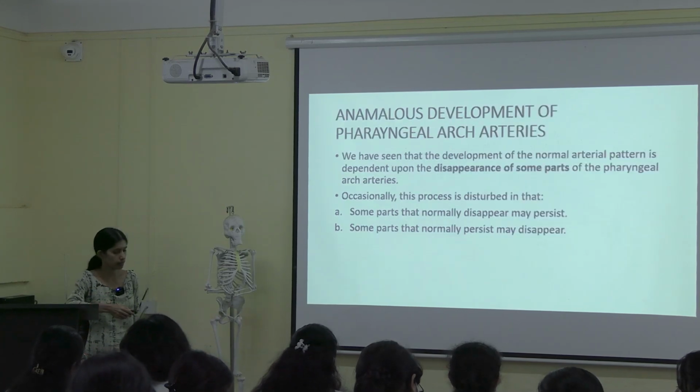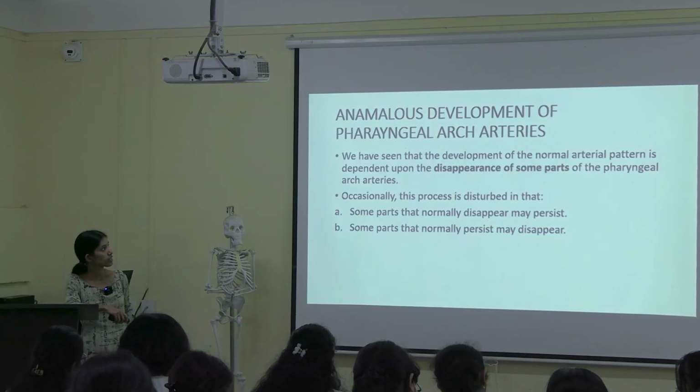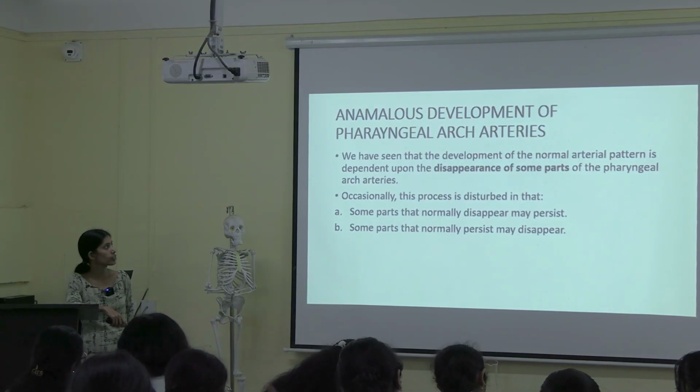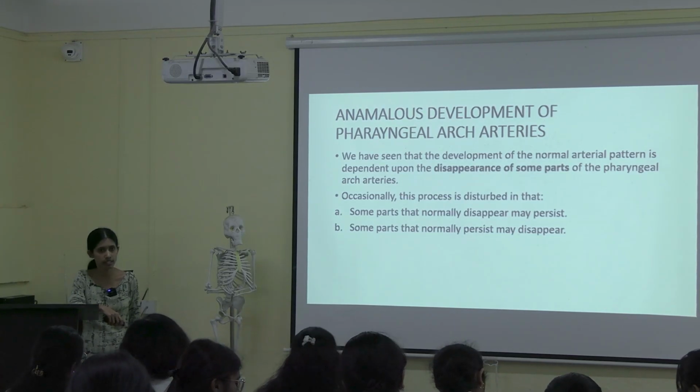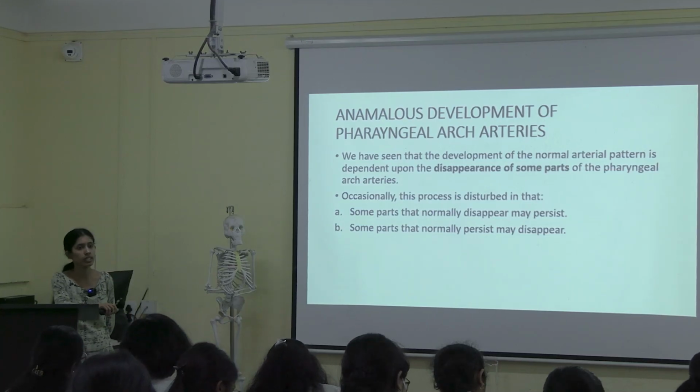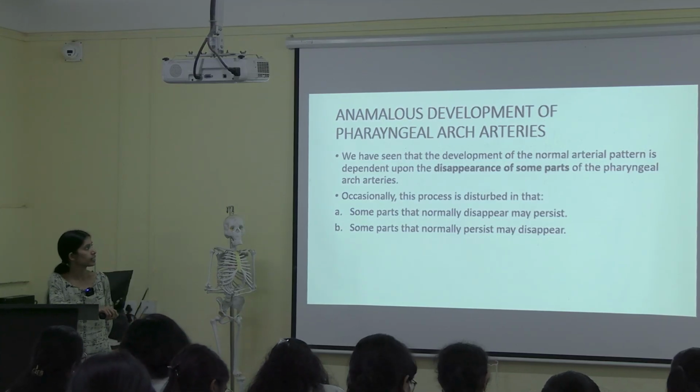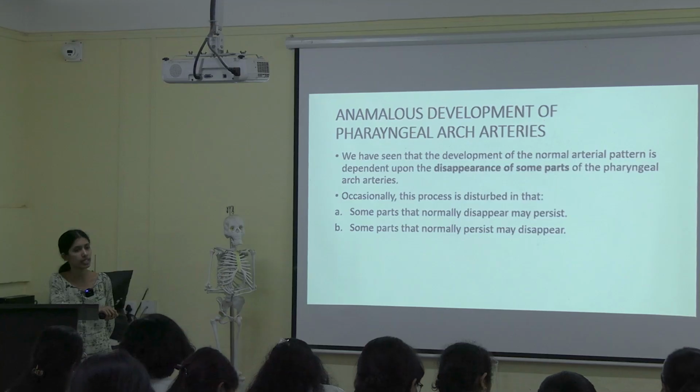Okay, next. Anomalous development in the pharyngeal arch arteries. We have already seen that the development of the normal arterial pattern is dependent upon the disappearance of some parts of the pharyngeal arch arteries.